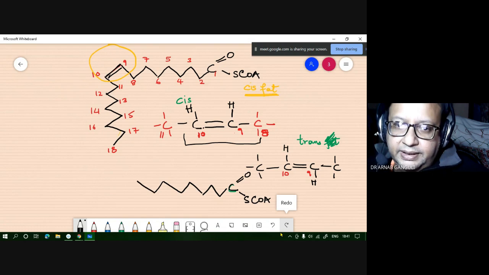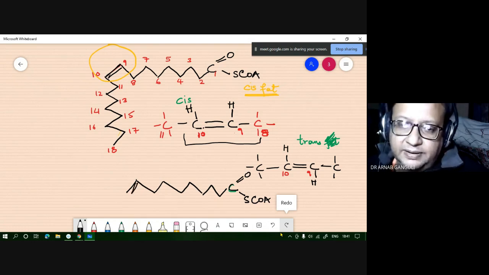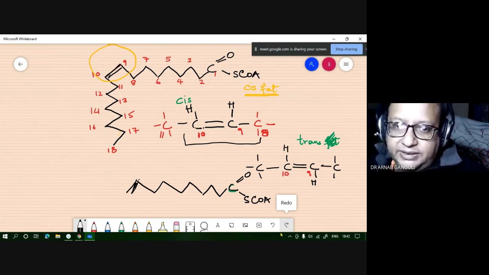Here we come to 9 and 10. The double bond is here. One hydrogen is here. If this configuration comes and the other is here, so this is carbon number 9 and 10.